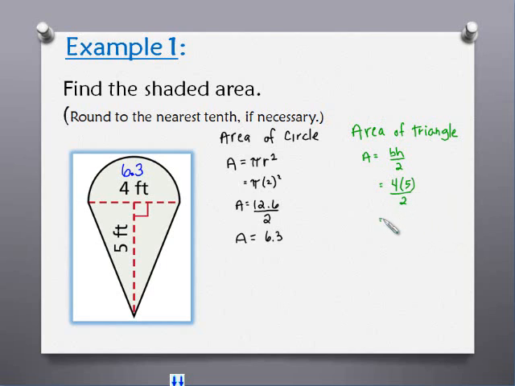You divide that by 2, and you get 10. So the area of this triangle is 10. So now if I want the area of the whole thing, I just have to add these together. 6.3 plus 10 is equal to 16.3, and we're in feet, so this is feet squared. This is my total area of this composite figure.